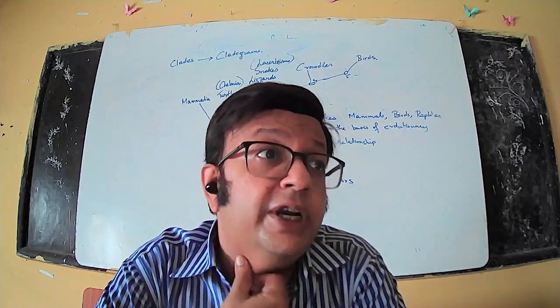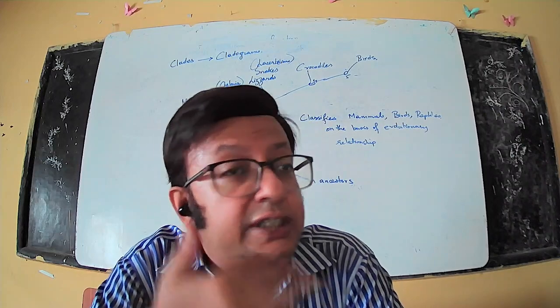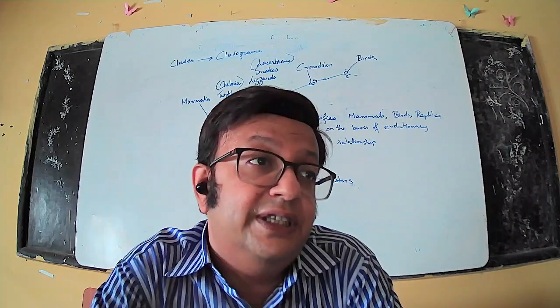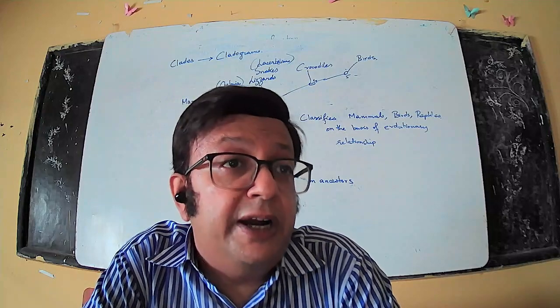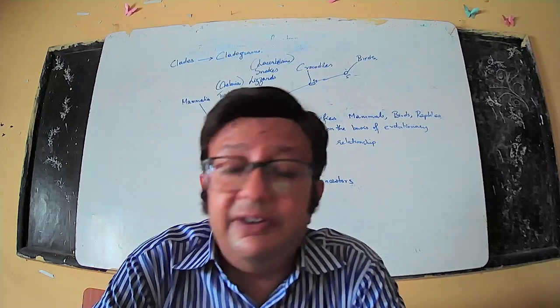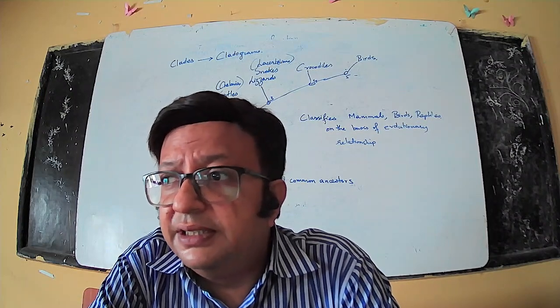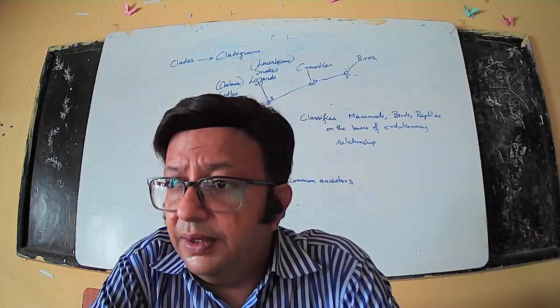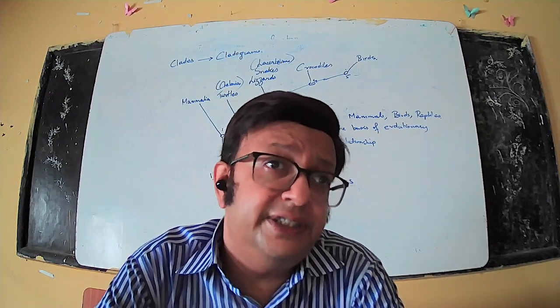So modern textbooks are using this phylogenetic system of classification. For example, Invertebrate Zoology by Ruppert and Barnes, the 2003 edition, 7th edition.